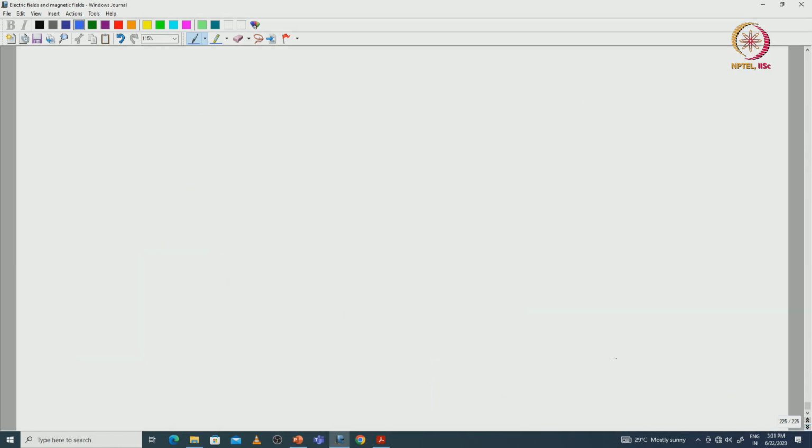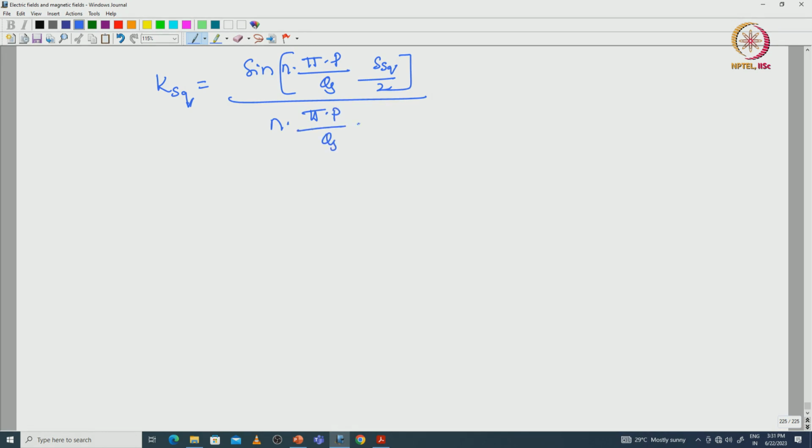Now, we will find the skewing factors for all these harmonics. The skewing factor equation KSQ is equal to sine of pi into P divided by QS, order of harmonic n, and SSQ by 2. This is the equation we have derived, divided by n into pi into number of poles by slots into slot pitches by 2.